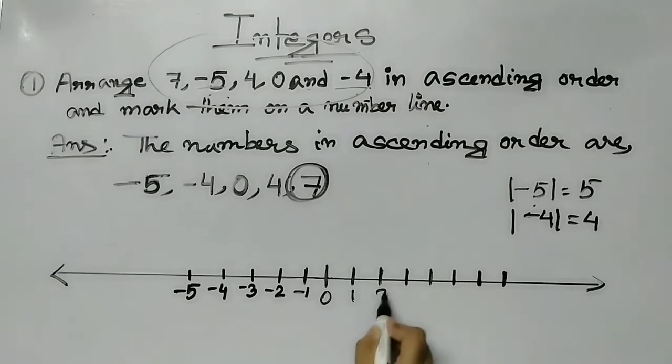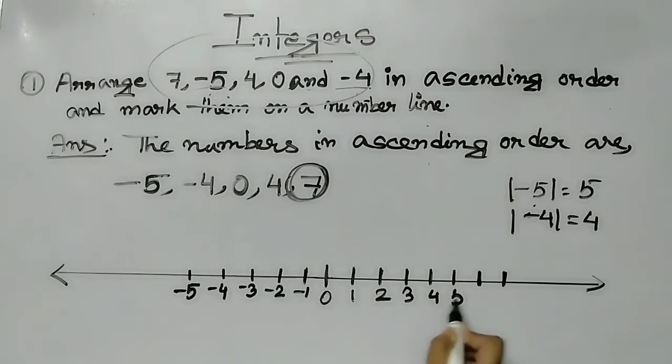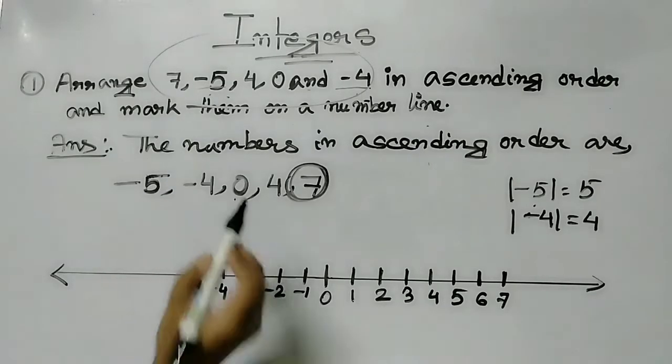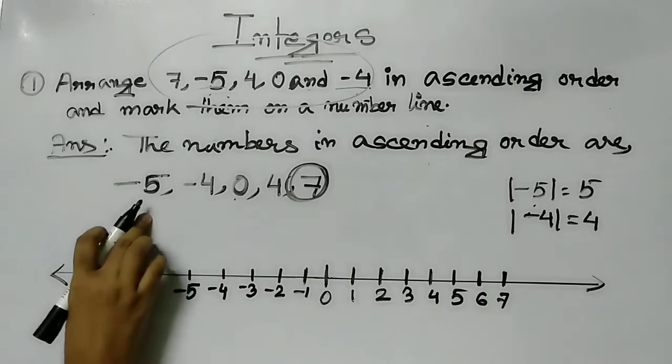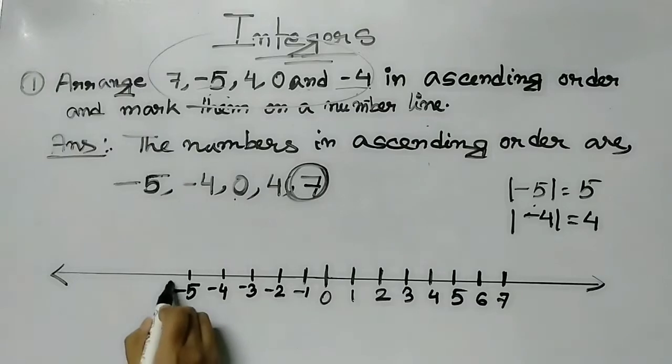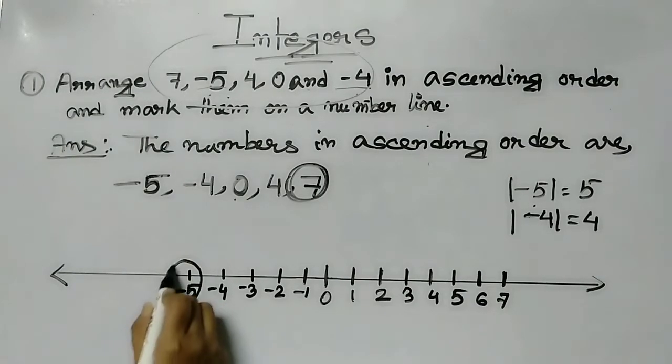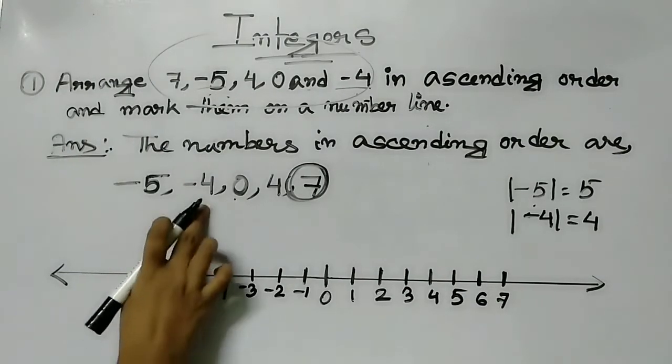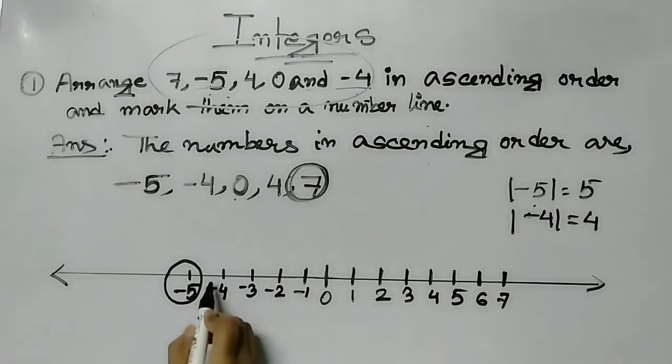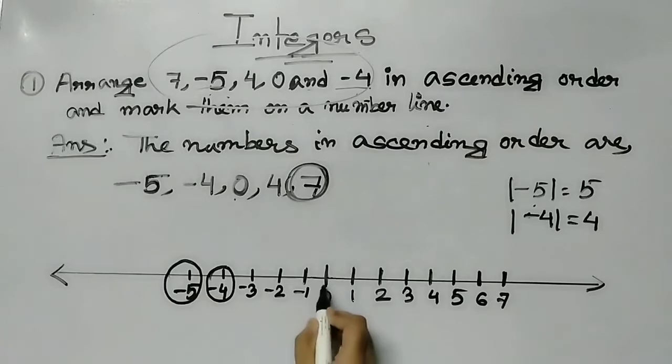Now, 1, 2, 3, 4, 5, 6, 7. So, here 0. At first minus 5. So, where is the minus 5? This. We have to circle this. Now, minus 4. Here minus 4. So, we have to circle this. Next, 0. So, here 0. So, we have to circle this.